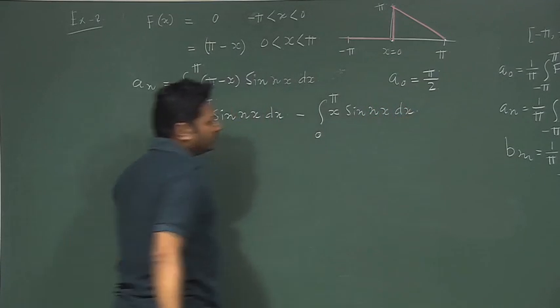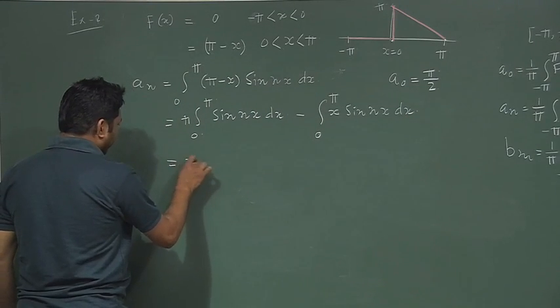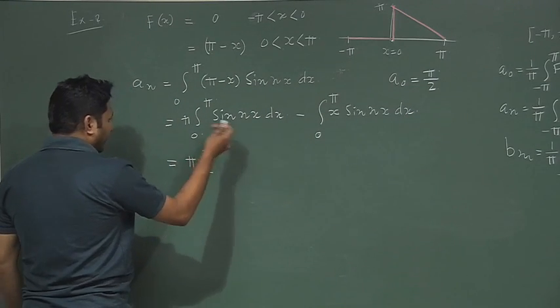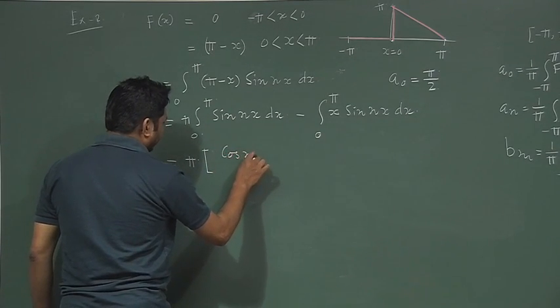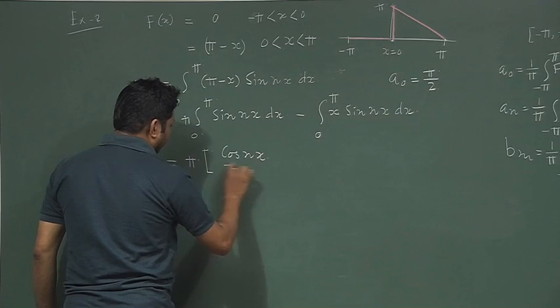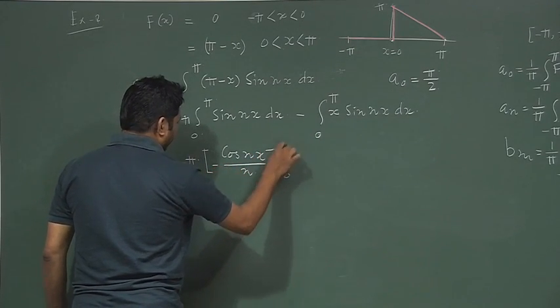These things will be simply pi times the integration of the cos function, which is sine nx divided by n, from 0 to pi.